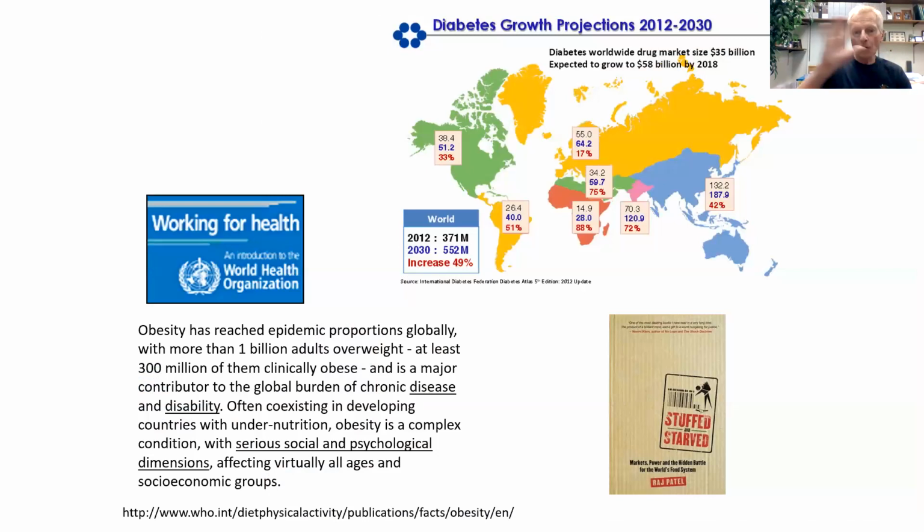And if we look at the global trends in human health, here are some shocking statistics about diabetes. It is on the rise, as are other unhealthy circumstances that people have.